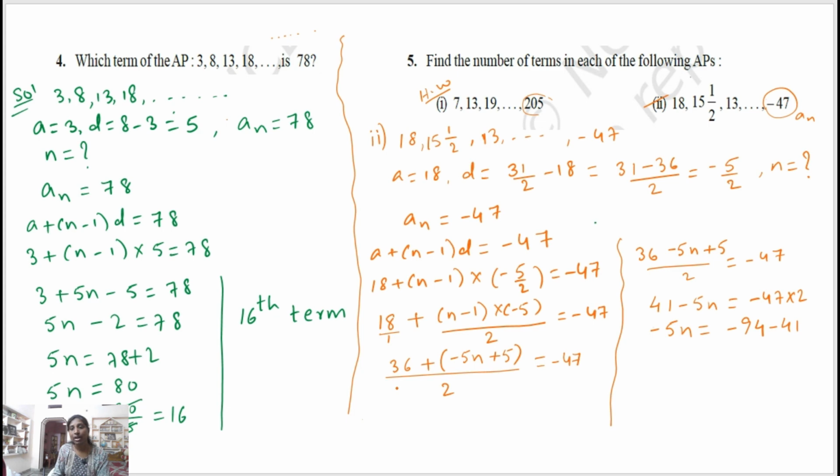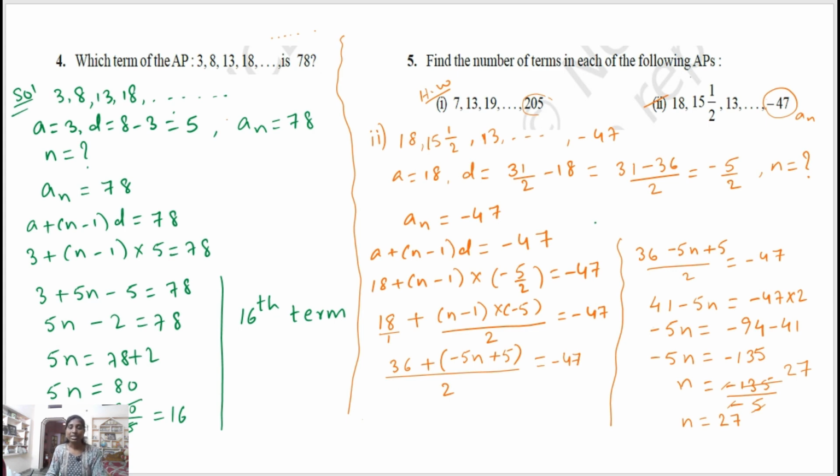Now minus 5n is equal to, add 5, 9 and 4 is 13, so minus 135. So n is equal to minus 135 by minus 5. Minus minus cancel, and 5 twos are 10, 5 sevens are 35. It means n is equal to 27. It means how many terms are there in this AP?